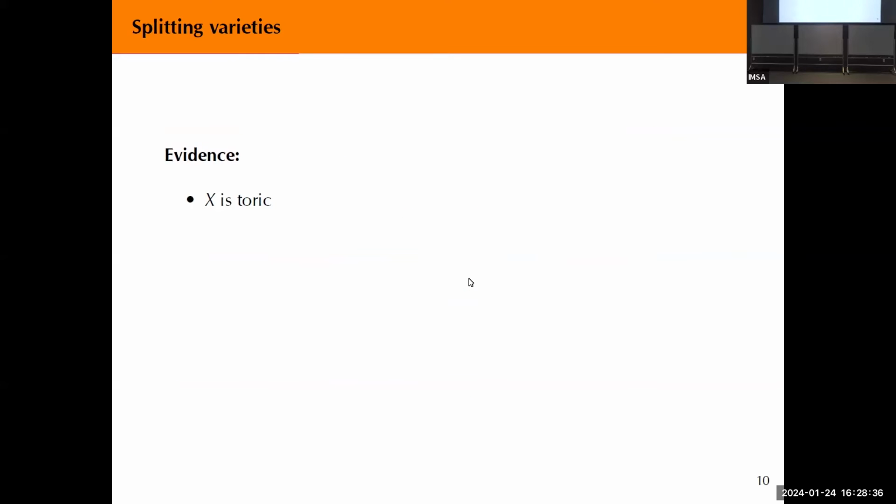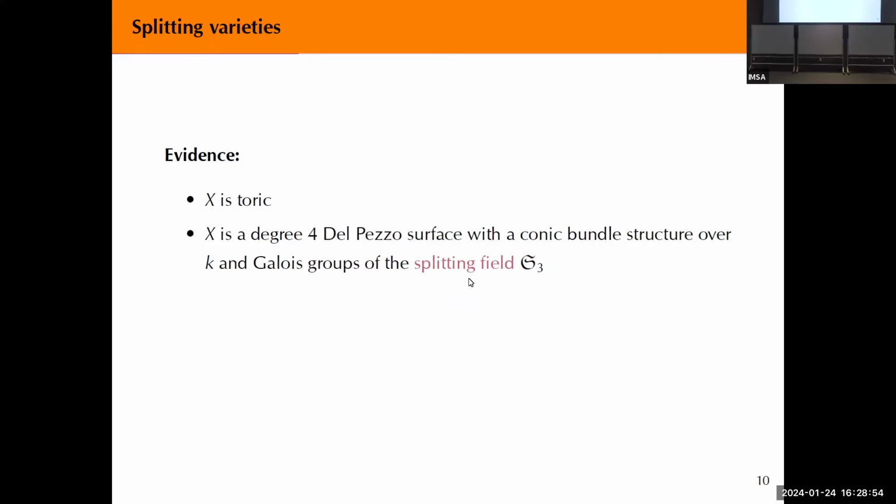And how should we think about it? As always, you need some evidence. Well, if you start with a toric variety over a non-closed field, then the universal torsor for it is affine space, and of course it's rational. And so we know that the conjecture is true there.